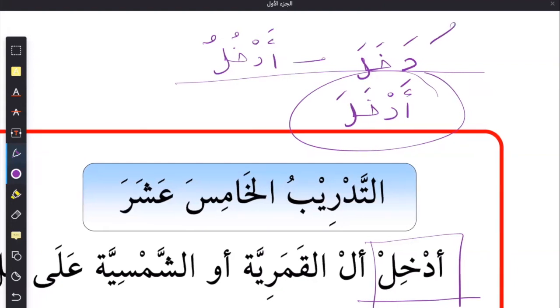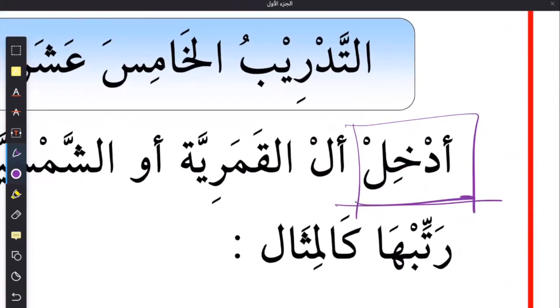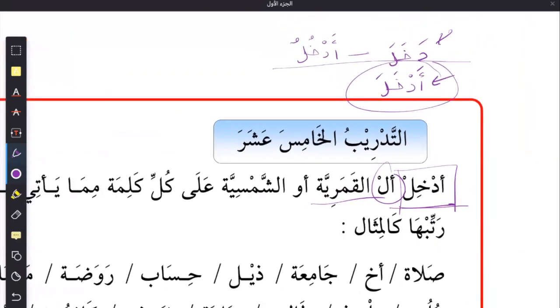So what happens when we add a hamza to a verb? Yes, it becomes form 4, but what does it mean? What is the meaning it gives you? It makes it transitive. Dakhala means someone entering, and adkhala would be to make someone enter. So here adkhala means you make the Kamari letters enter on those words, right?